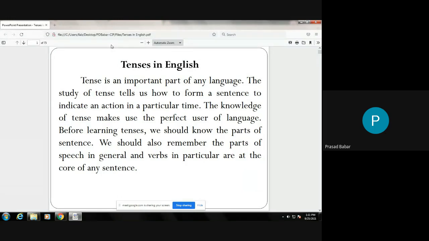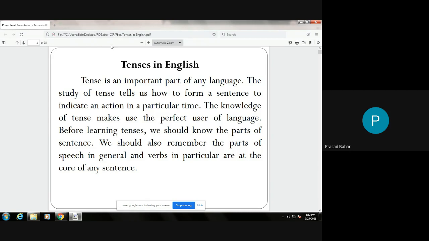The study of tense tells us how to form a sentence to indicate an action at a particular time, or in a particular time span.